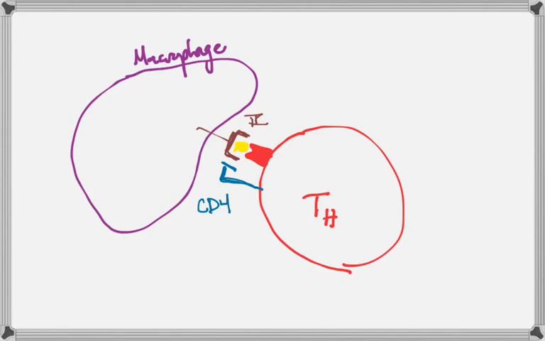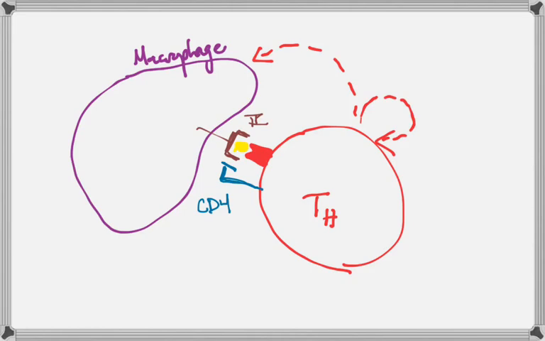If they do, T helper becomes activated, and T helper does what? Cytokine release. So some of these cytokines would actually go back and activate the macrophage, make it more hungry for pathogen, increase phagocytosis. Some of those actually activate the T helper itself, autocrine signaling.